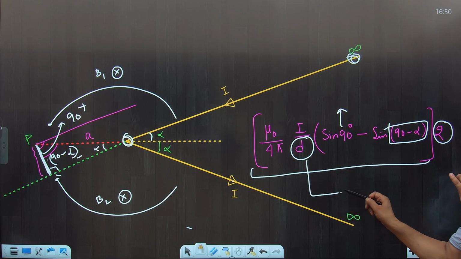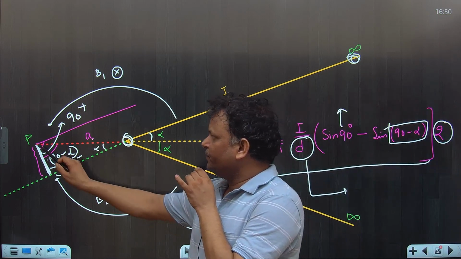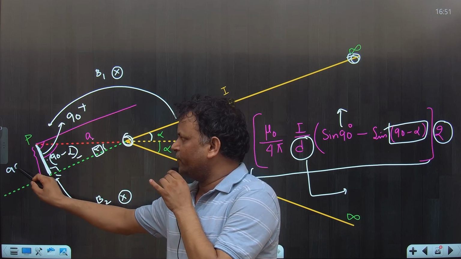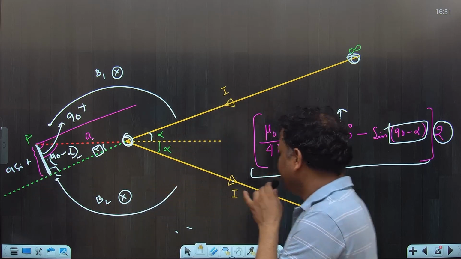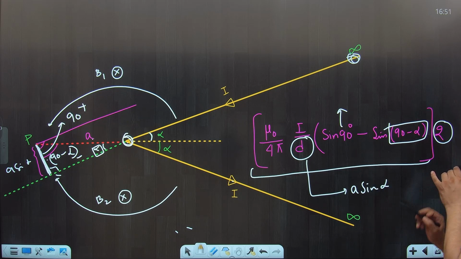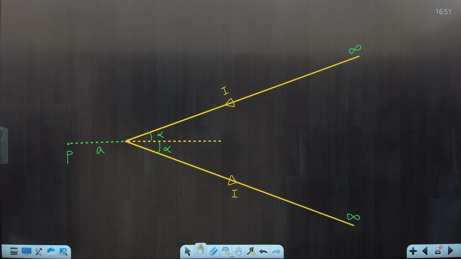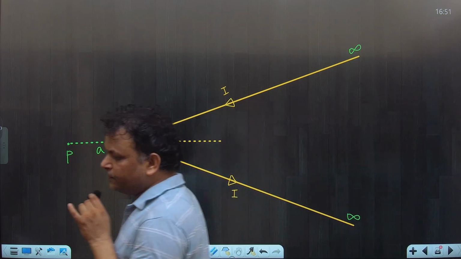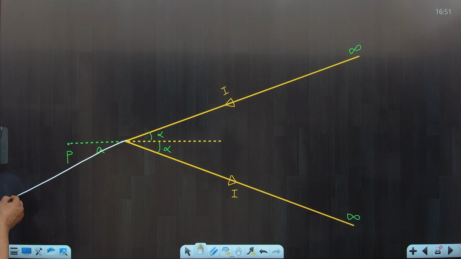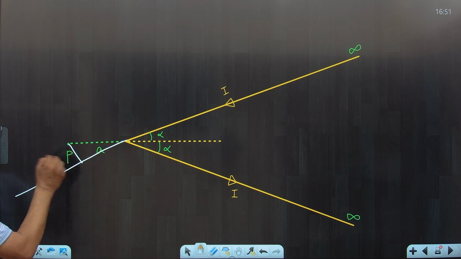In place of D, you will write, this is A, this is the triangle, and the length in front of the angle is A sin alpha. So you will write D is equal to A sin alpha. It is a very important question to find the magnetic field at this point P. What you should do is extrapolate this, draw the perpendicular, right?